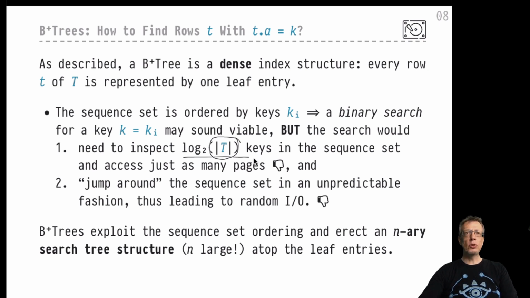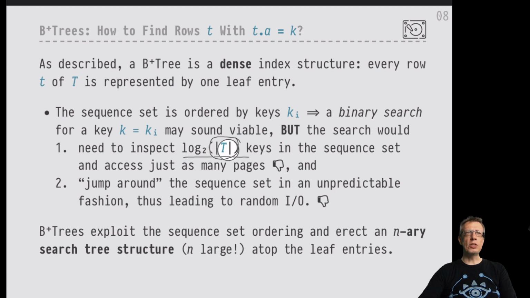A binary search across this sequence set would need to inspect this many keys. So the logarithm base 2 of the cardinality of table T, that would be the number of keys that we would need to inspect. That can be quite a number of keys if T is large.